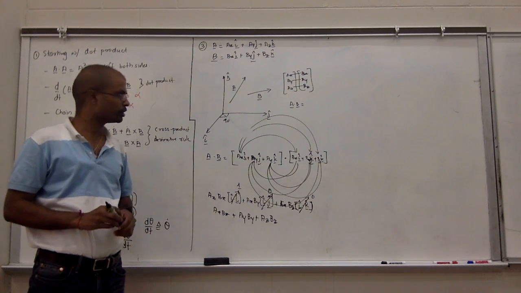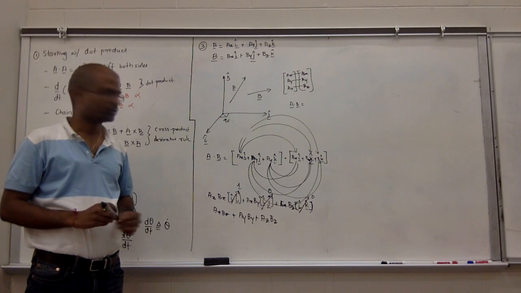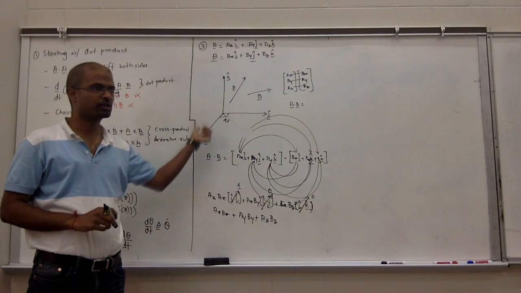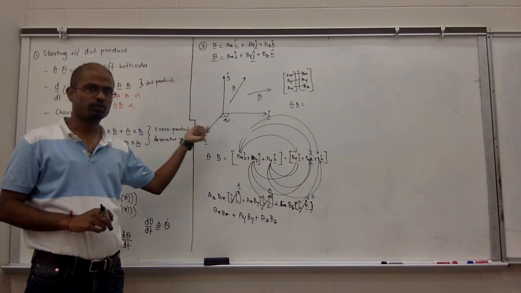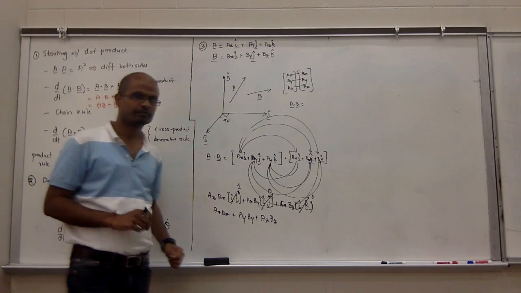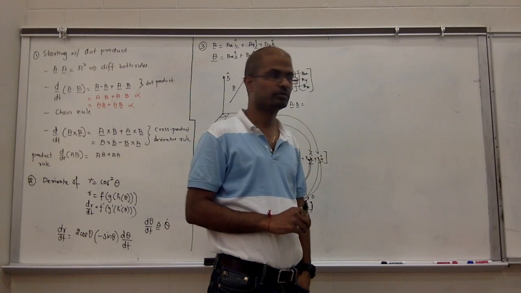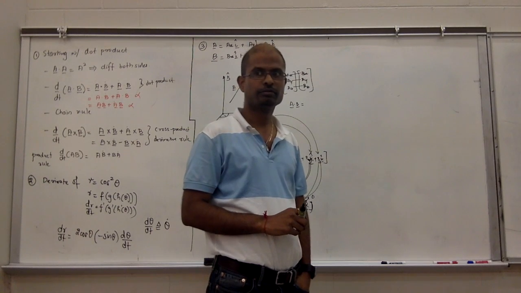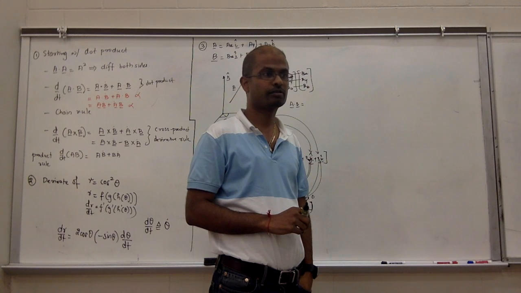Again, what is an orthonormal basis? Ortho means 90 degrees. All the bases are i, j, k. The bases are ortho, means they are 90 degrees to each other. They are normal, meaning they are normalized.